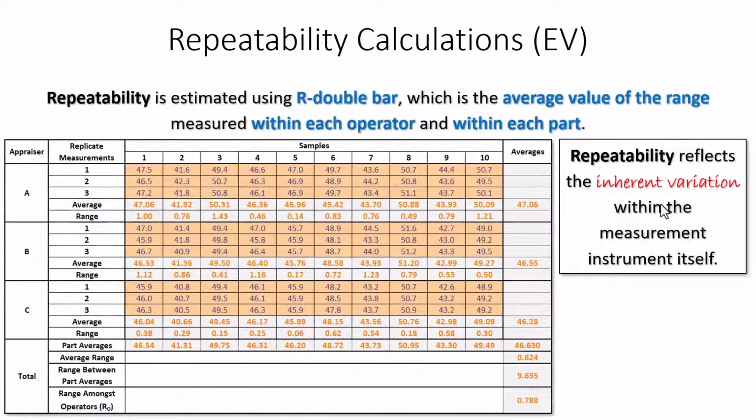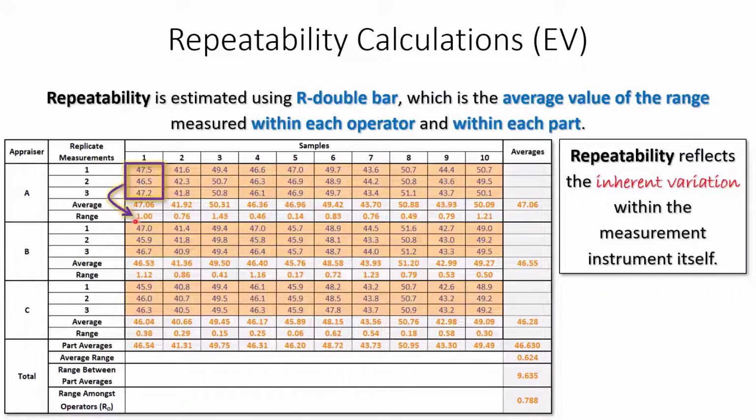We do that by calculating a value called R double bar, okay? R double bar, you'll see it down here. R double bar is the average value of the range measured within each operator, within each part. So here's the data set that I showed you in lecture number 1 when we talked about repeatability. If you look at these 3 data points, you can calculate the range value associated with just these data points, right?